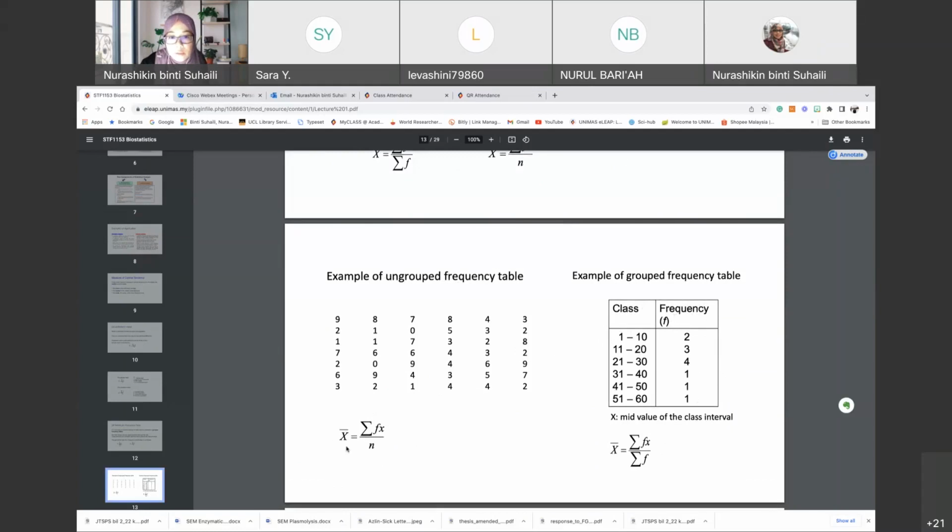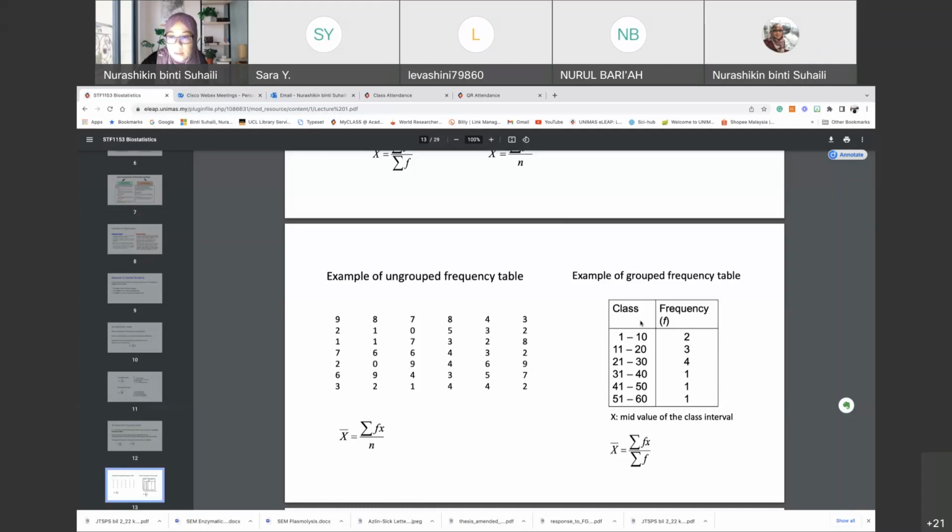In order to find the mean, you have to apply this formula, but actually the concept is the same. If you want to find the mean, you just sum up everything divided by the number of the data, where n refers to the number of the data.